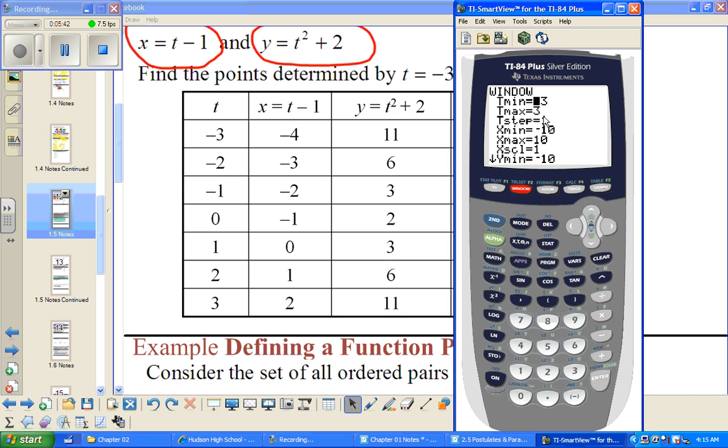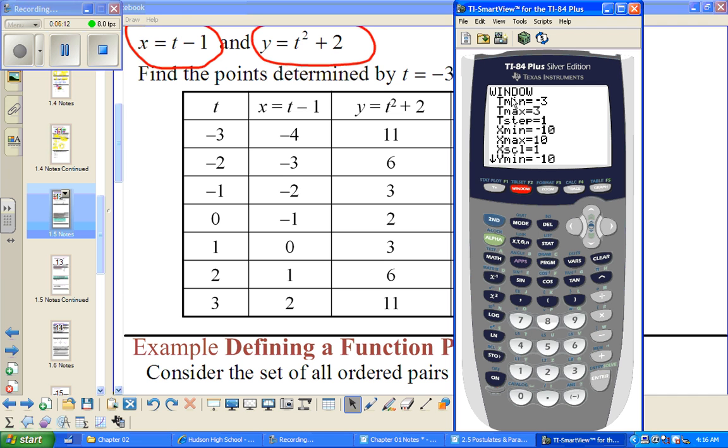The smaller the T-step and the wider the T-min and max range, the longer it will take your calculator to graph this function, because it'll have to plot more points. The grapher is just going to connect all those points and make the graph look as accurate as possible. The x-min, x-max, x-scale, and y-min, y-max, y-scale are all the same as they've always been.